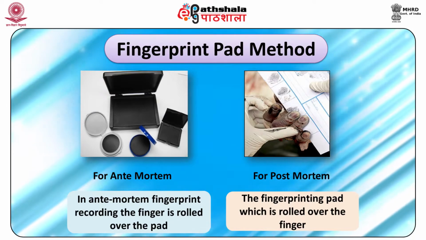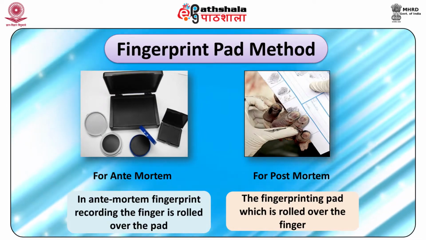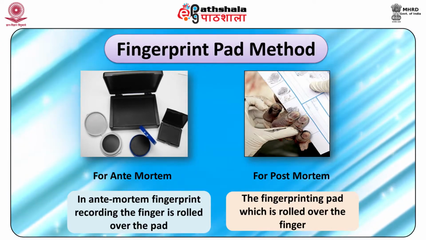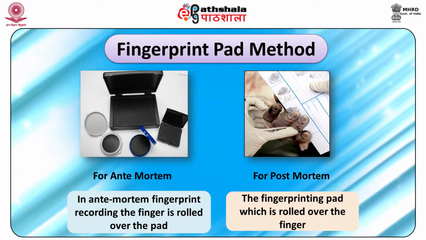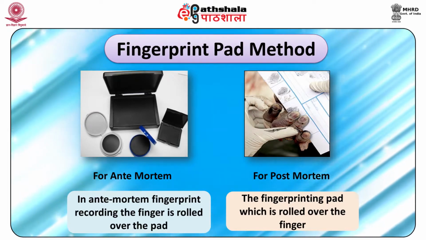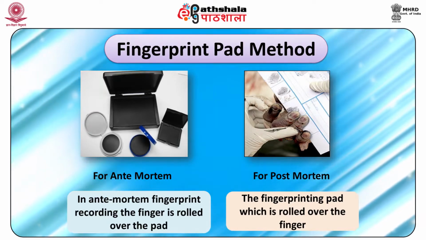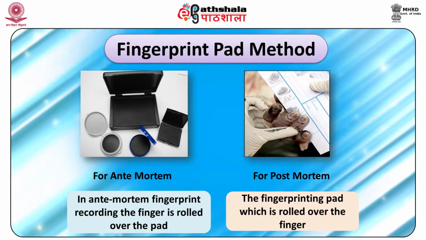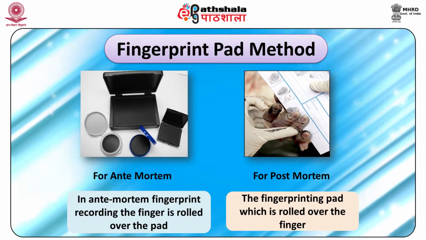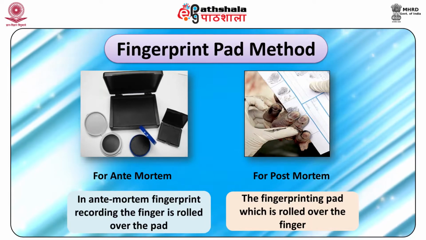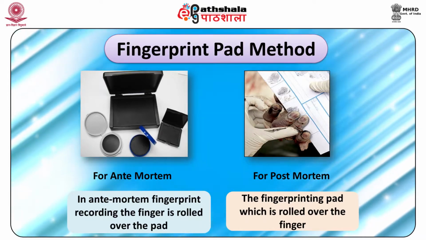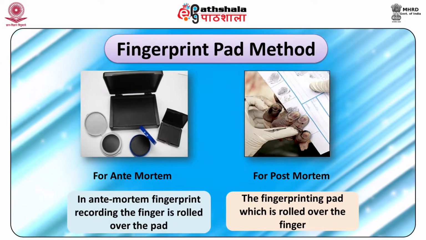As in the case of ante-mortem fingerprinting, the imprints of a corpse may be recorded using a fingerprint pad. In ante-mortem fingerprint recording, the finger is rolled over the pad, whereas in post-mortem fingerprinting, it is the pad which is rolled over the finger.